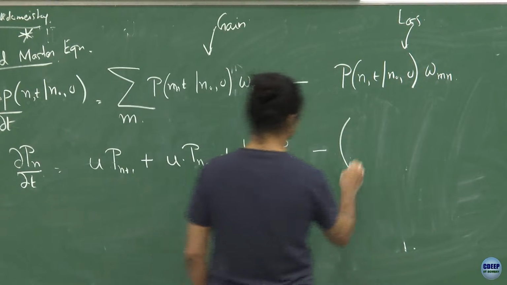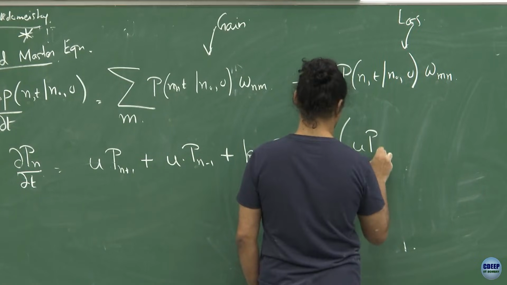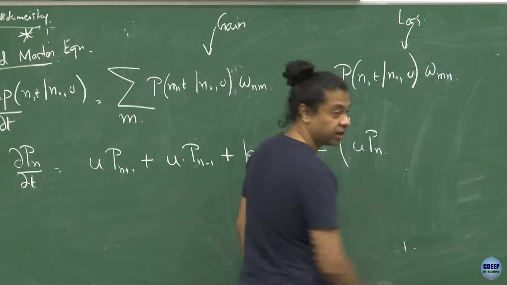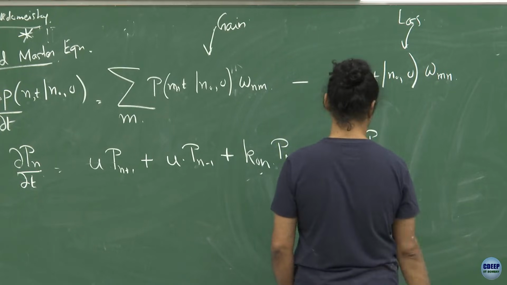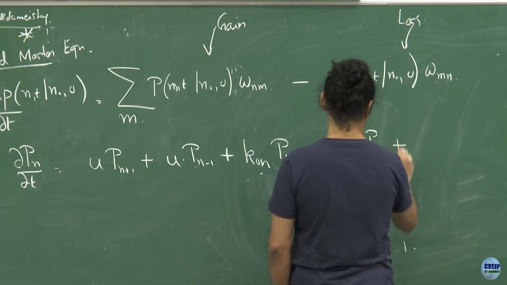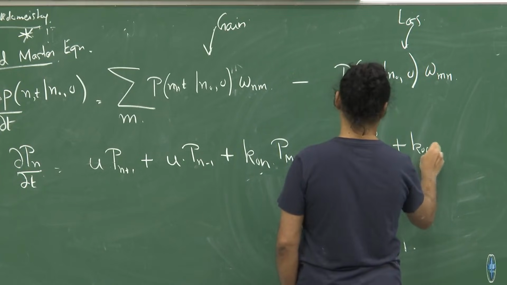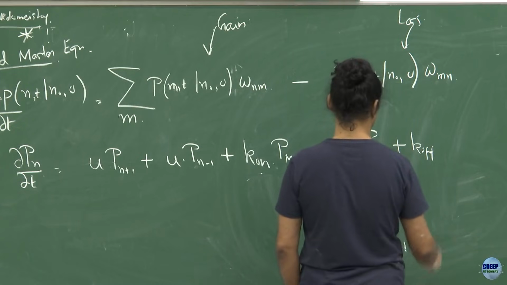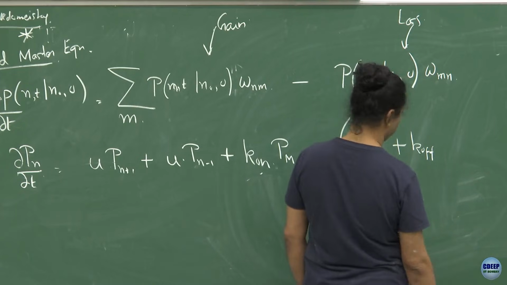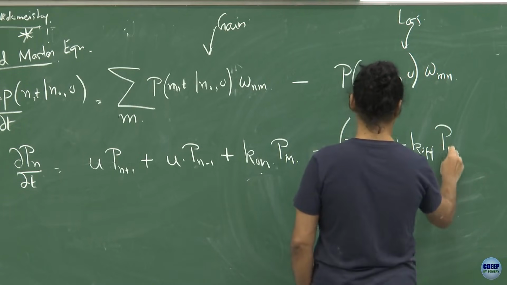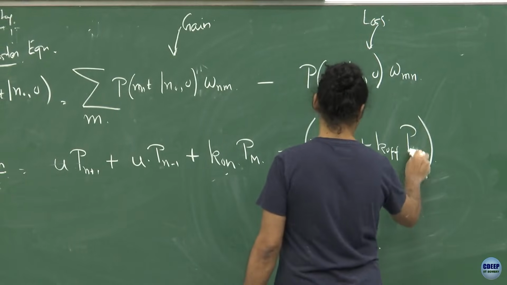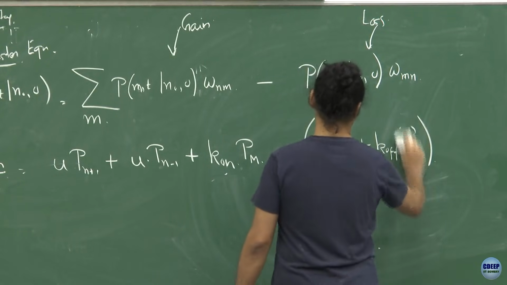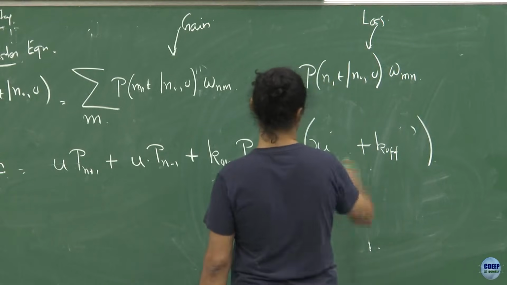And then what are the loss terms? u into P n, this is small n, and twice, and then k off. Why capital M? Yes, this is still P n going out from n.